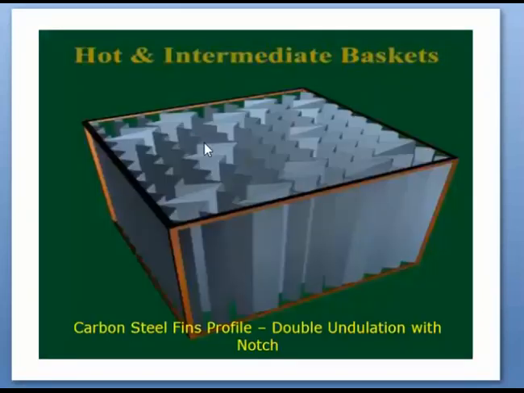The sectors are filled with carbon steel fins. These are the fins, and they have undulation. Undulation means this wavy shape, this folding. In view of heat transfer, this increases the surface area and finally increases the heat absorption.